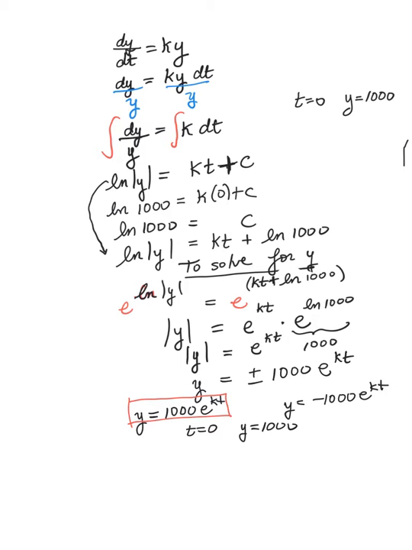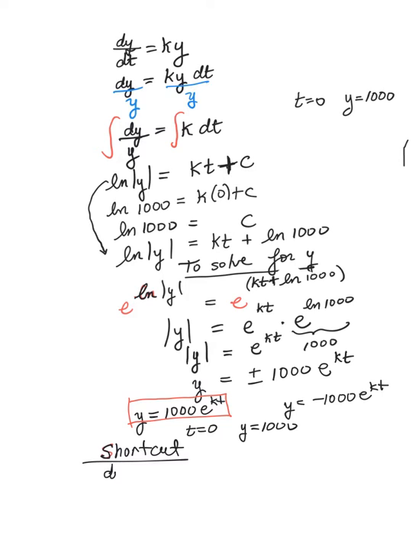So we can generalize the solution. We could evaluate the solution by separating the variables, but it's really worth memorizing the solution for this special differential equation. So the shortcut is this.